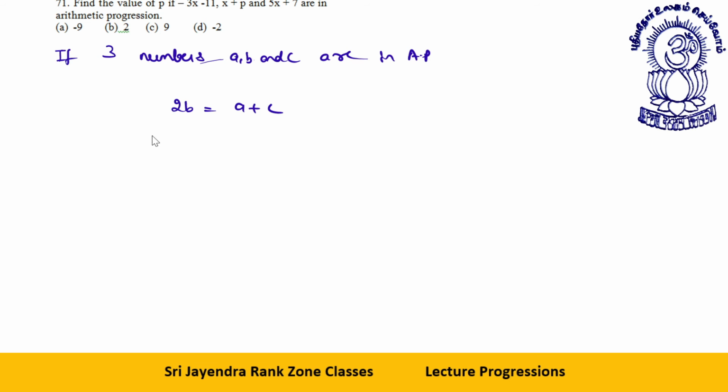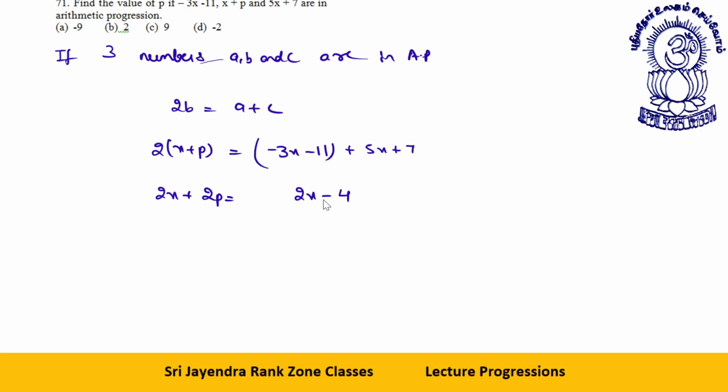So twice of x plus p is equal to minus 3x minus 11 plus 5x plus 7. This gives 2x plus 2p is equal to minus 3x minus 11 plus 5x plus 7. 5x minus 3x I can say is 2x, minus 4. Getting it?